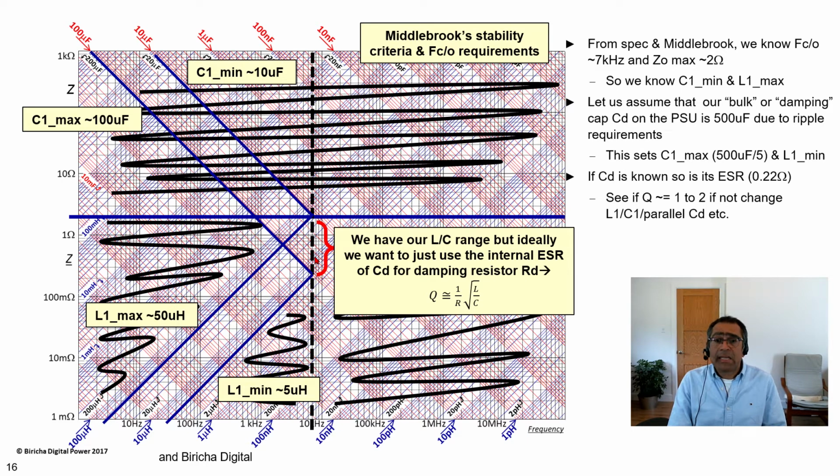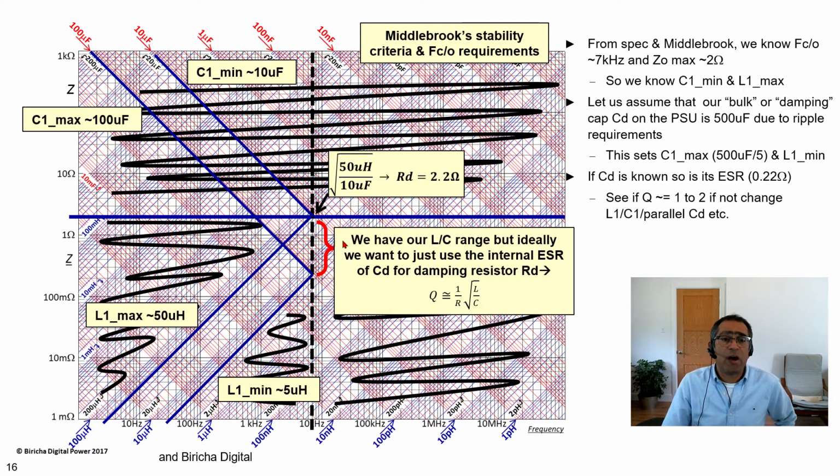I know that because I have measured it. So let's see what the Q is going to be. If I use the range on top here, which is 50 microhenries and 10 microfarads, then from my equation, I need a damping of 2.2 ohms. Okay? That would mean that I would have to add an extra resistor in series with my damping capacitor.